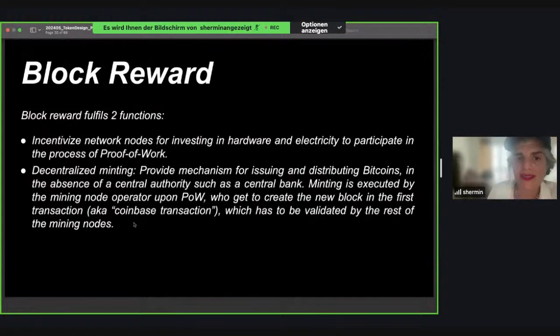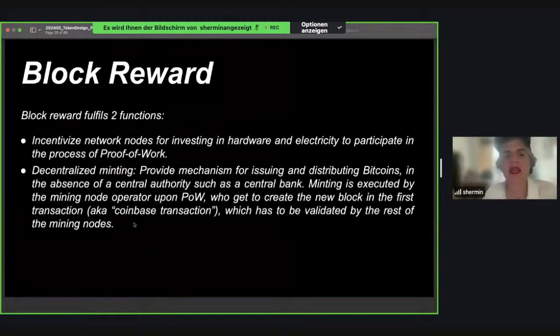The block reward had two functions. Of course, it was intended as an economic incentive for network nodes to invest in hardware and electricity and to participate in the process of proof of work. But the block reward also has another interesting twist to it, a distributed policymaking or execution twist.